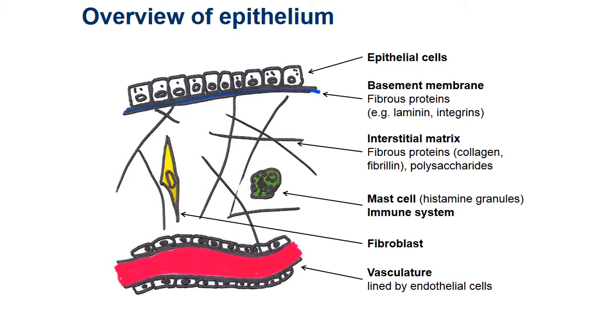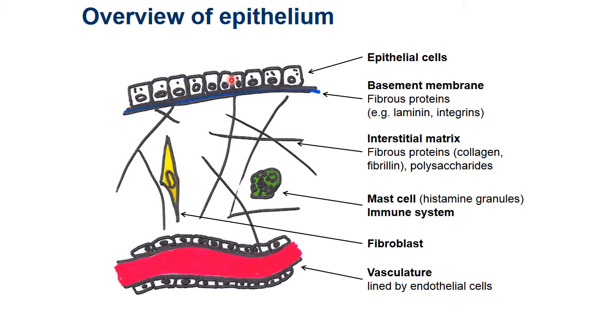Other cells that you can find in this interstitial region are immune cells, which enter this region via the circulatory system. And you can also find nerve endings and muscle tissue embedded in this connective tissue here.